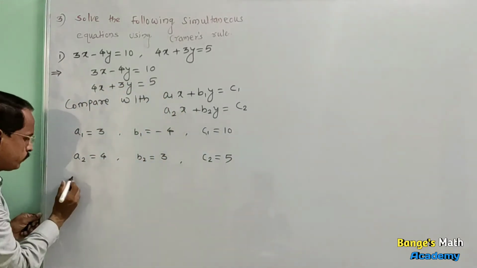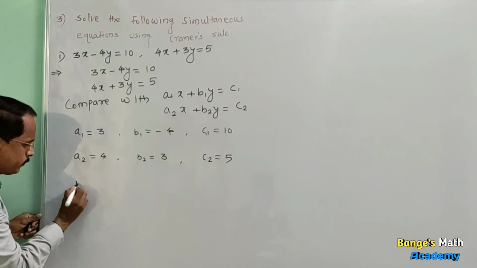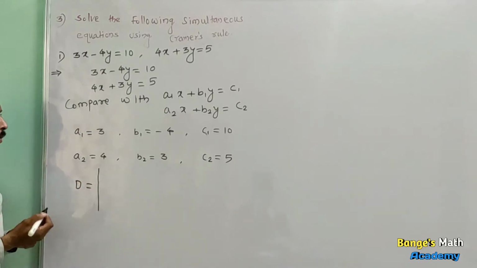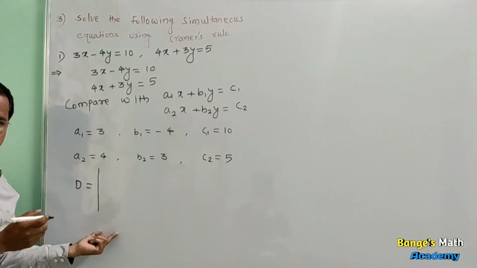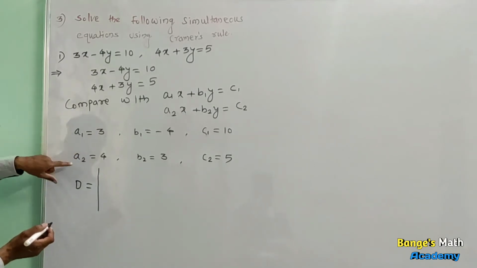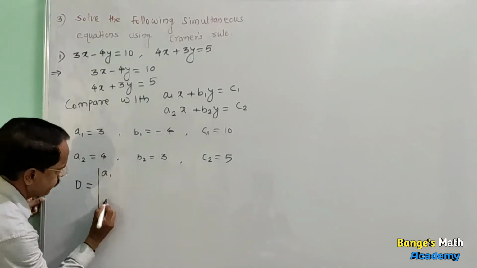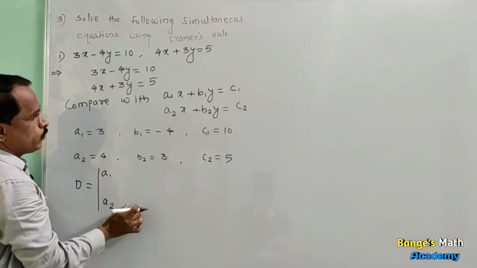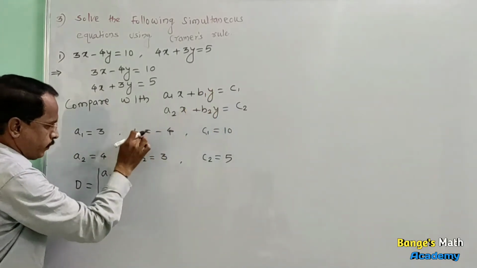We have to find the value of D. D means the determinant. In the first column, write down the coefficients of x, that is a1 and a2. In the second column, write down the coefficients of y, b1 and b2.